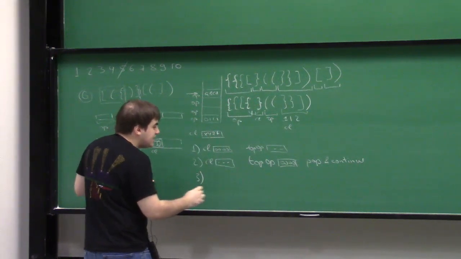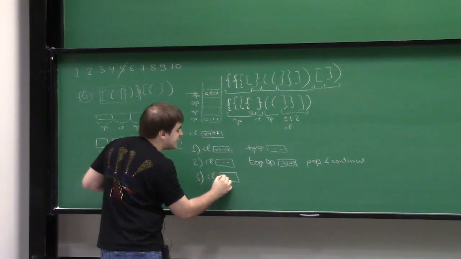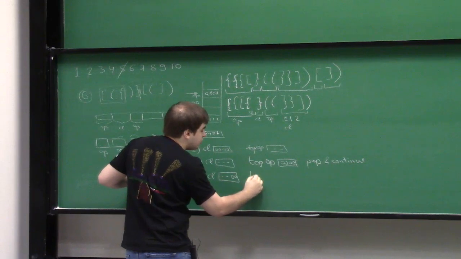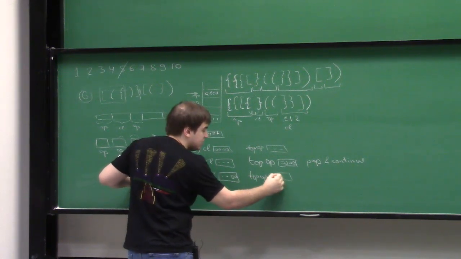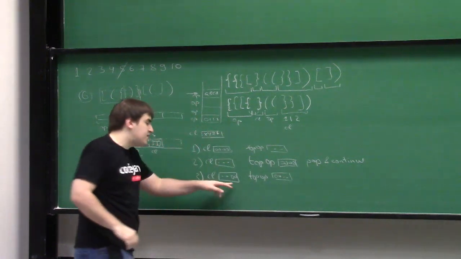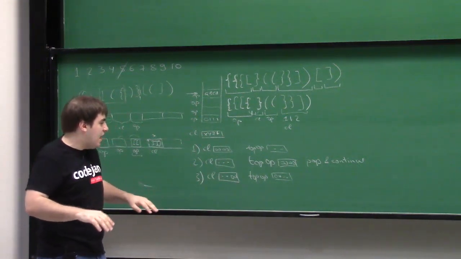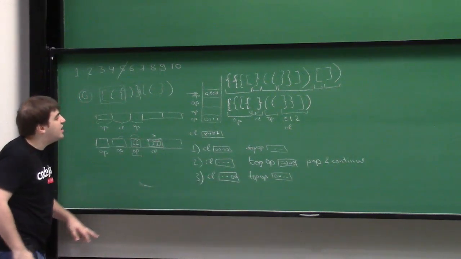And the last case is that the closing group has something non-zero and the topmost opening group has something that is not zero but in different positions. Otherwise we would have just reduced both of them. So in this case it means that we have a situation like I described.